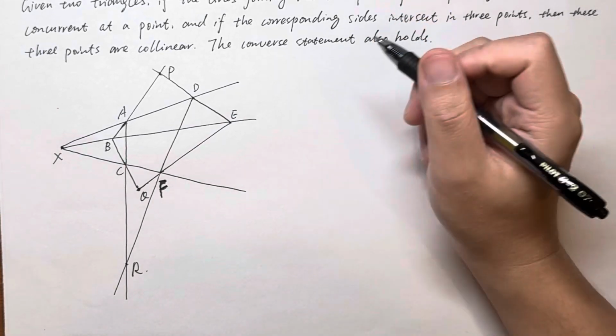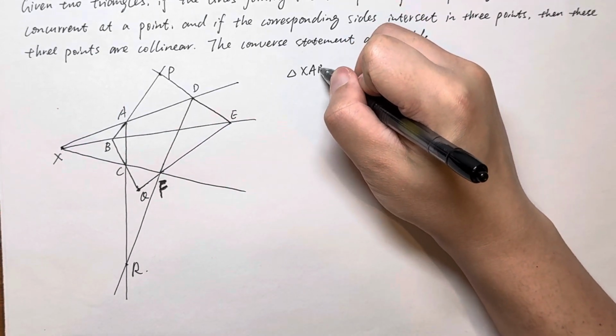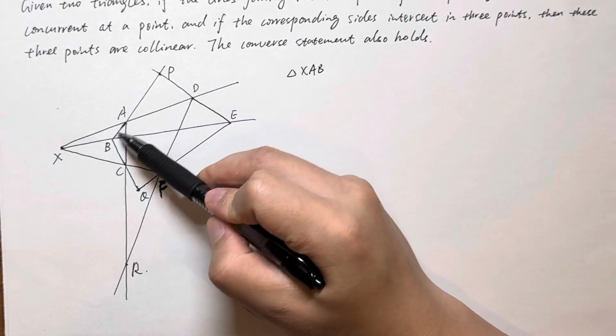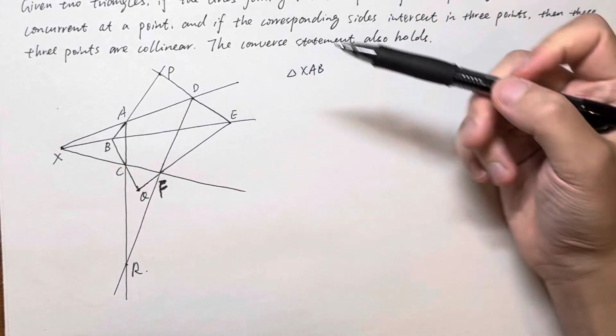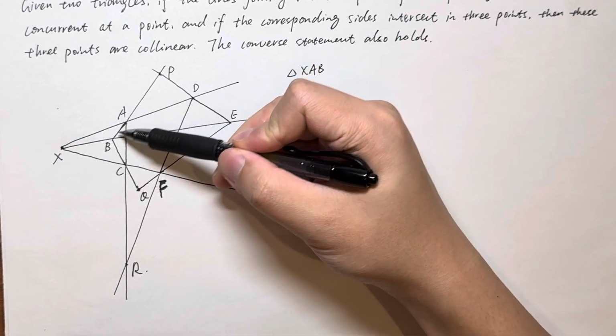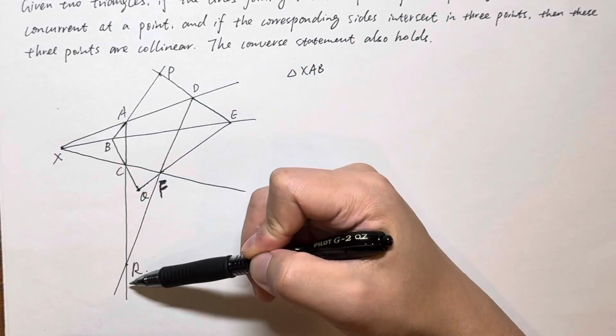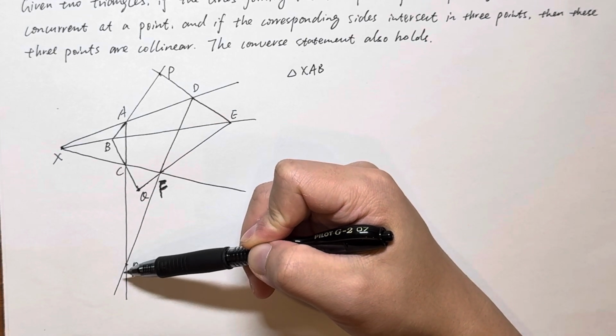So here, I'll just write it. Look at the triangle XAB, right? Because if we want to use the Menelaus theorem, we want to find a triangle and find PQR as a line that intersects with this triangle, right?